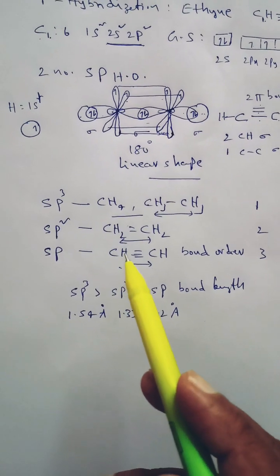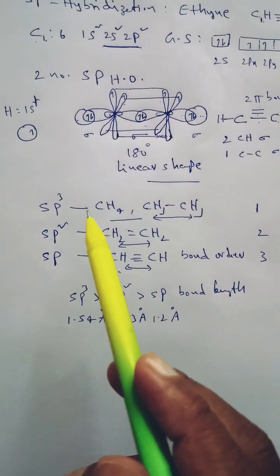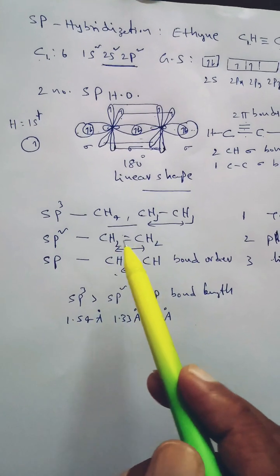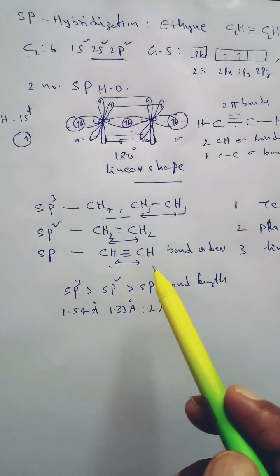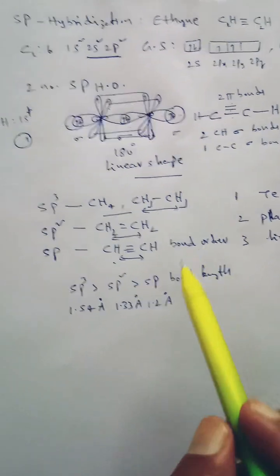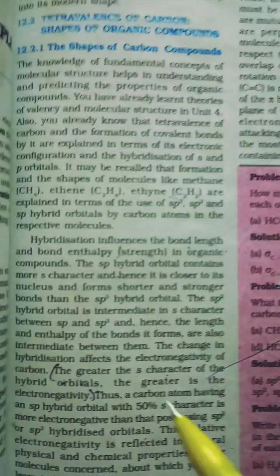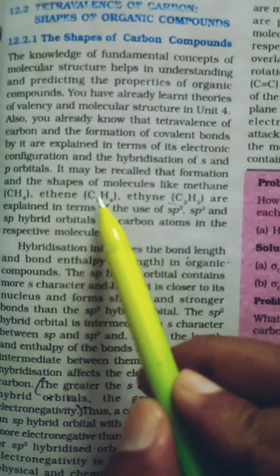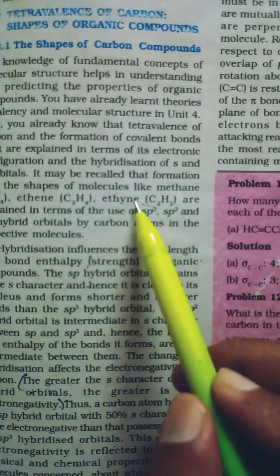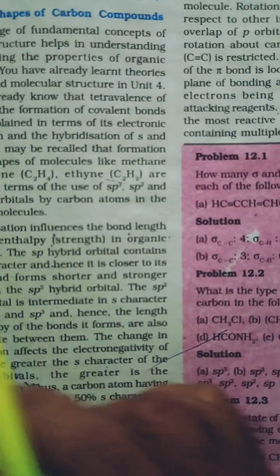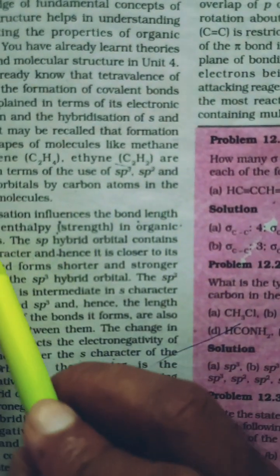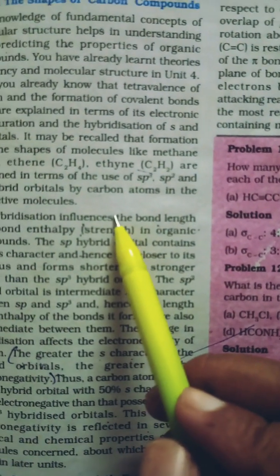If you see the previous videos also, you will understand the hybridization in methane and ethane, sp2 hybridization in ethene, and this is sp hybridization in the case of ethyne. Okay, come here. So here you have seen that ethene and ethane are explained in terms of the use of sp3, sp2, sp hybrid orbitals with carbon atoms in the respective molecules.